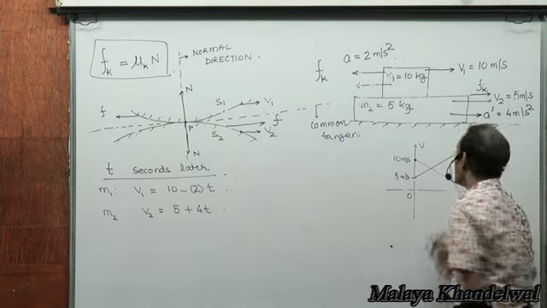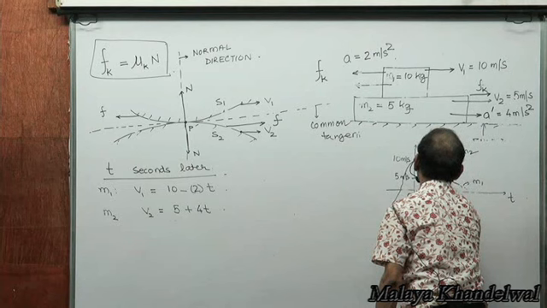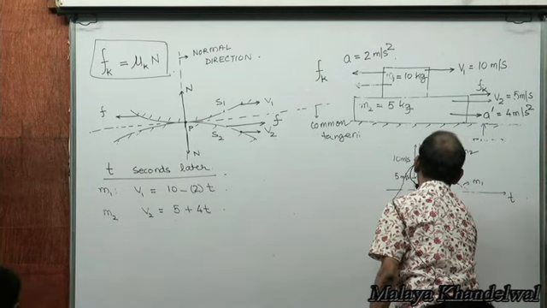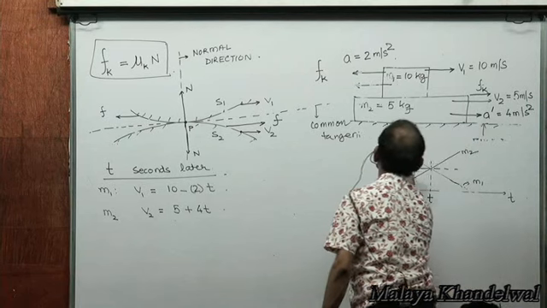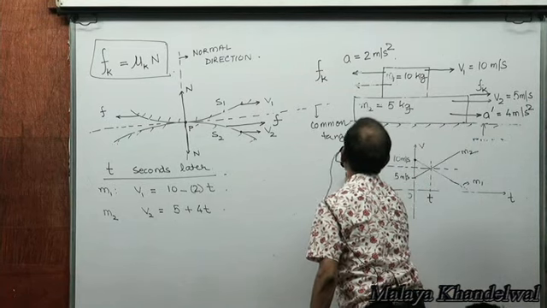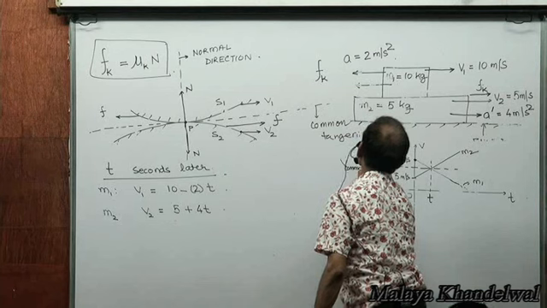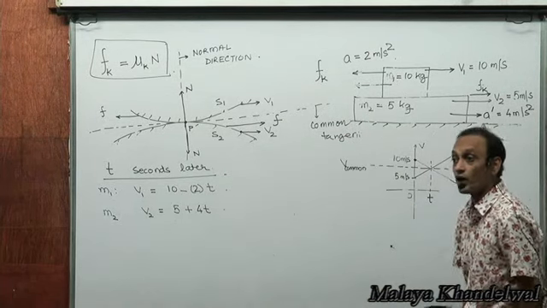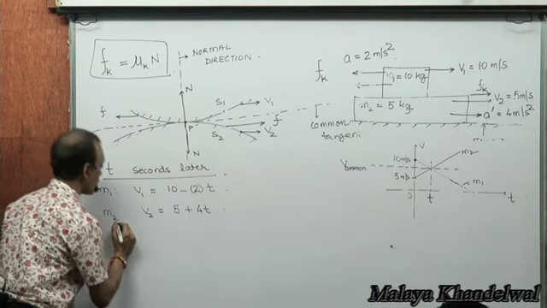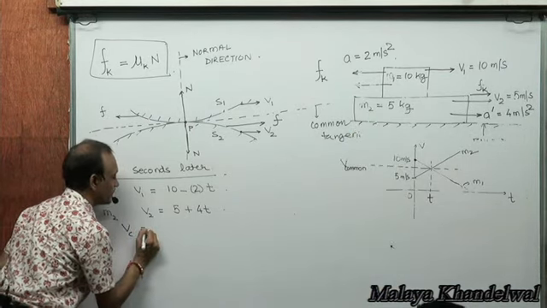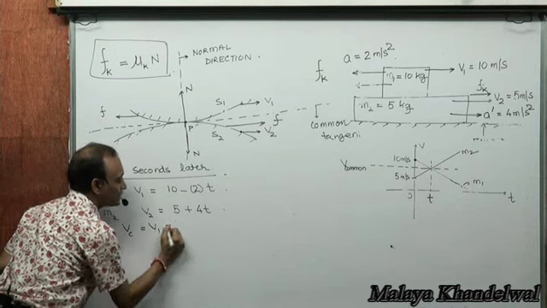Eventually, do you realize that at some instant of time, t, they will acquire a common velocity? Now let's see what their common velocity is. V common would be when V1 and V2 are equal.